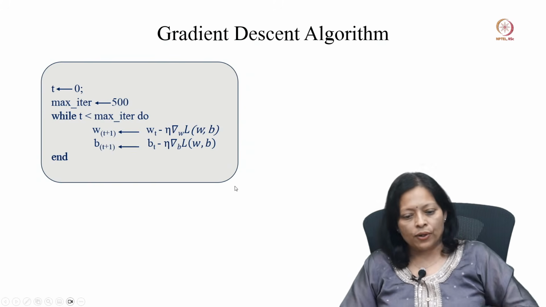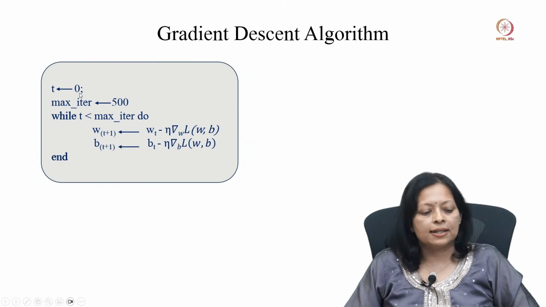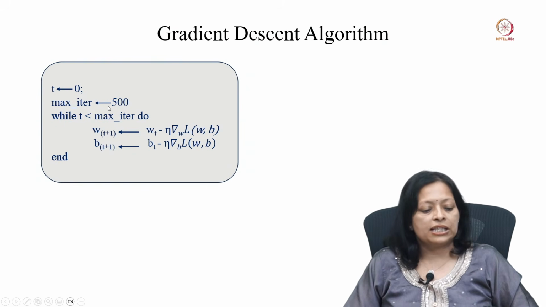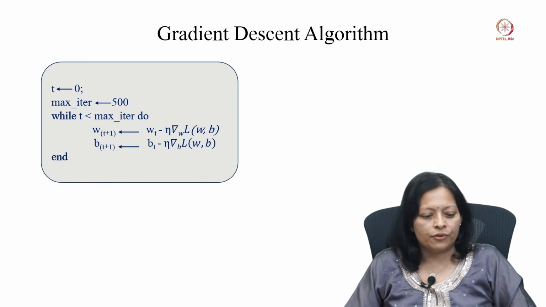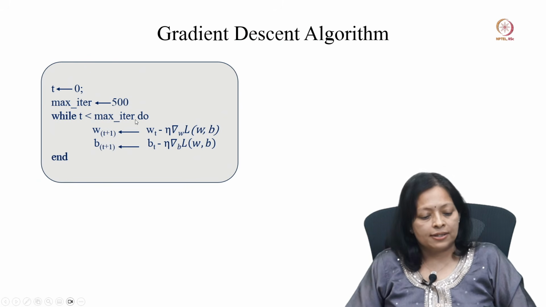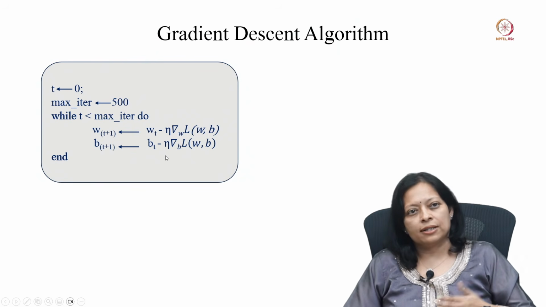Now, if I want to show the algorithm, we start at t equal to 0, the maximum iterations we usually take is a very high value like 500 or 1000, and while t is less than the max iterations, keep updating the weights using these equations, and when the number of iterations is reached, you come out.